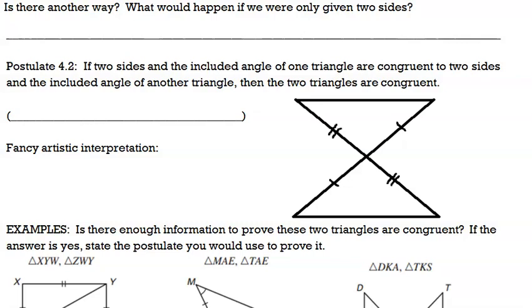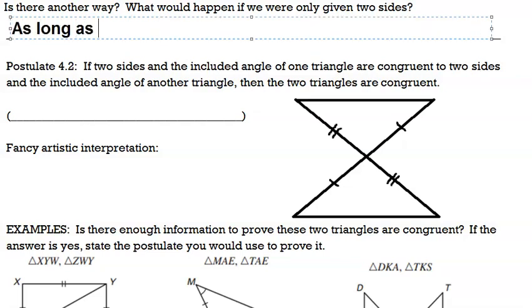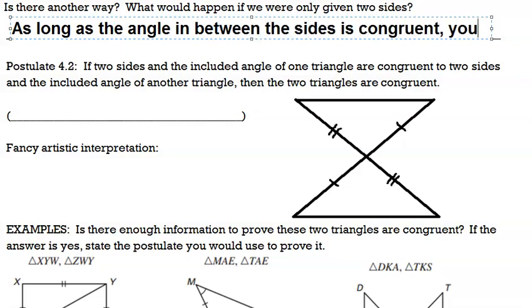And the way I know is because of one of the angles in between. You can still prove that two triangles are congruent as long as the angle in between the sides is congruent.